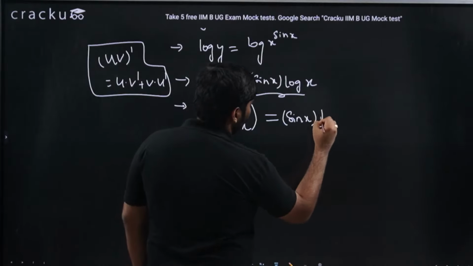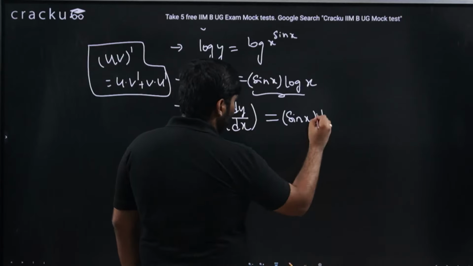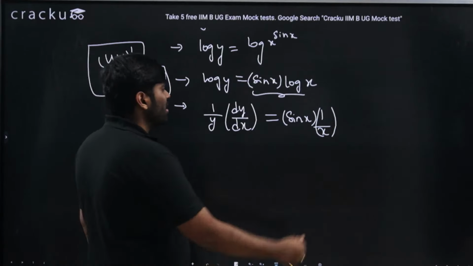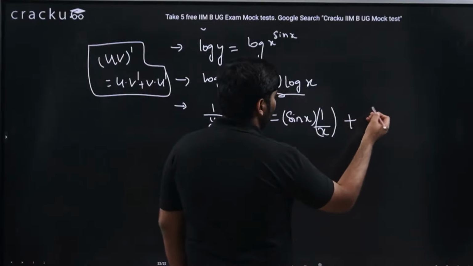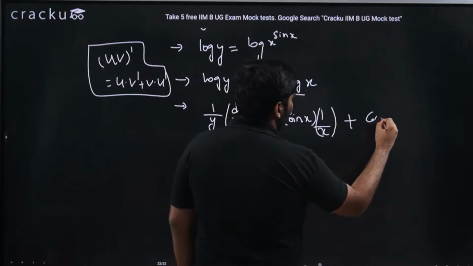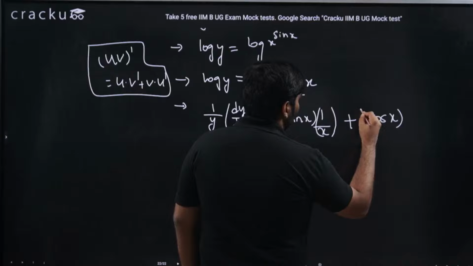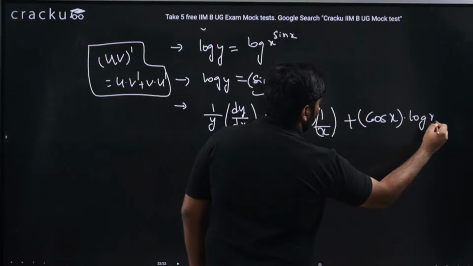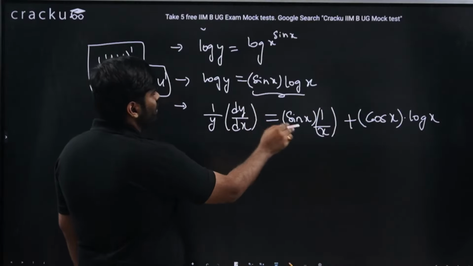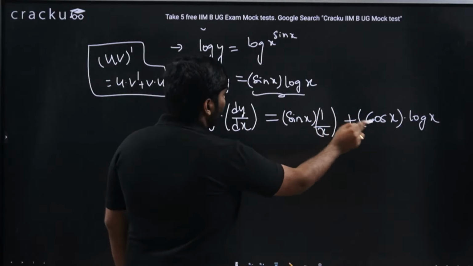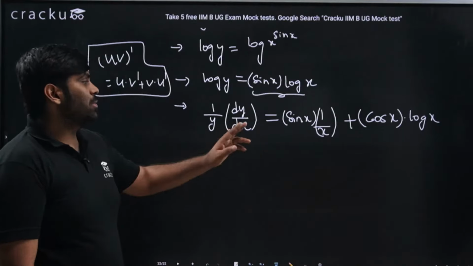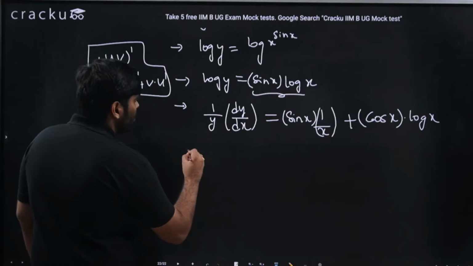I will get 1 by x, so sin x into 1 by x, plus, now I will differentiate sin x, which should give me cos x, into log x written as it is. That is because first I will write the first term as it is and differentiate the second term, plus first term differentiation into second term. So sin x by x plus log x into cos x.